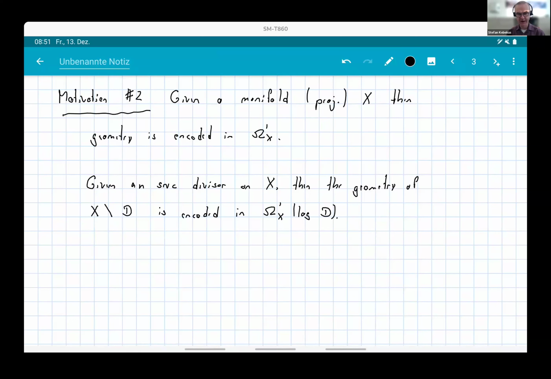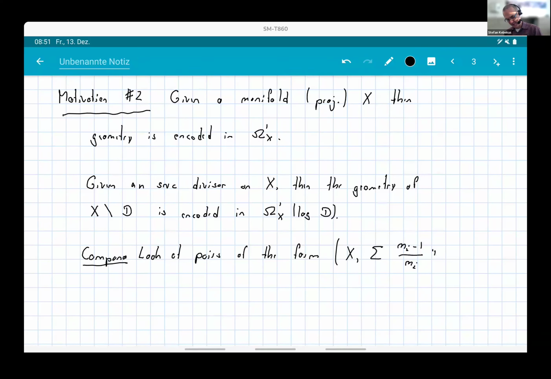So you have a full-blown Hodge theory for the sheaf omega 1 X log D. And the Hodge theory of omega 1 X log D encodes the topological properties of the non-compact variety X minus D. And what Campana wants to do is look at pairs of the form X and then a sum of a divisor with standard coefficients.